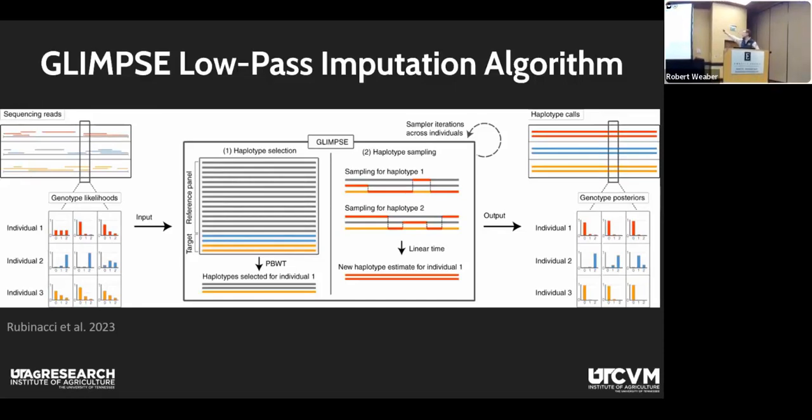It calls certain haplotypes at the end. It gives us posterior estimates of that genotype probability. So again, these are going to be delivered as a confidence level. The more support that you have, both at the sequencing level and at the level of reference haplotype support, the more confidence this posterior genotype that comes out the other end of a low-pass sequencing algorithm will have.